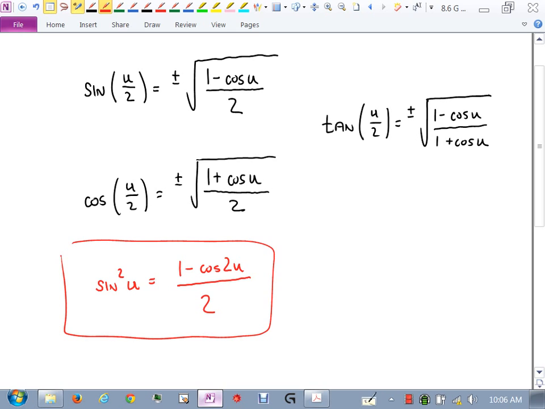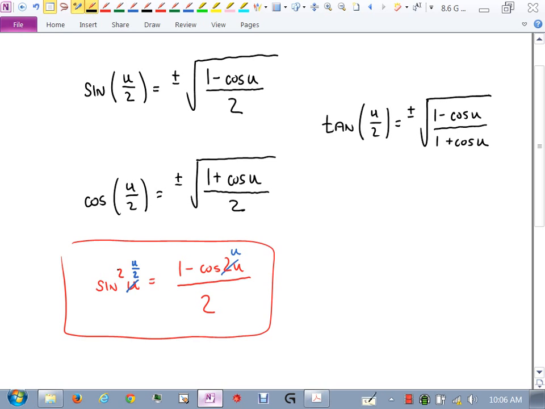So what if I replaced this right here with u? Then this side would have to be replaced with what? Half of that, u over 2. So do you agree that this still works? If I double u over 2, it gives me u, yes? And now just take the square root on both sides to get rid of the squared.